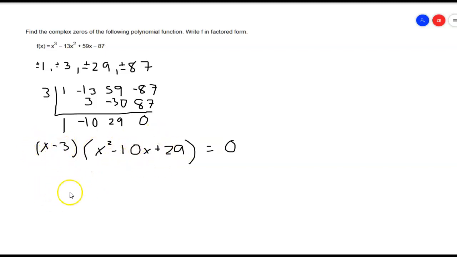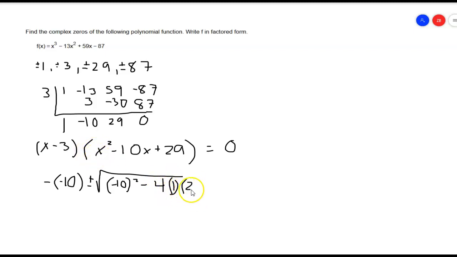So working this one here, I'm going to have negative b, which is a negative of negative 10, plus or minus the square root of b squared, negative 10 squared, minus 4 times a, that's the coefficient there, times c, all over 2a, or 2 times 1.